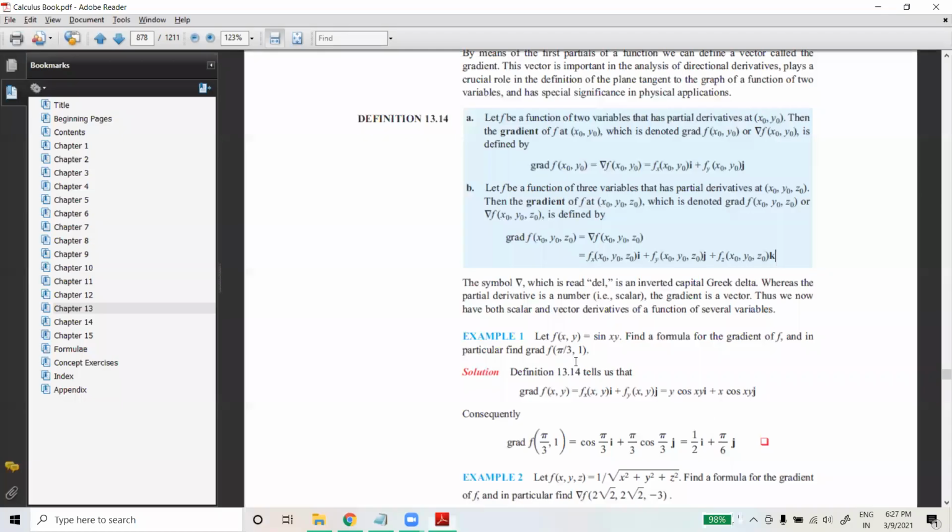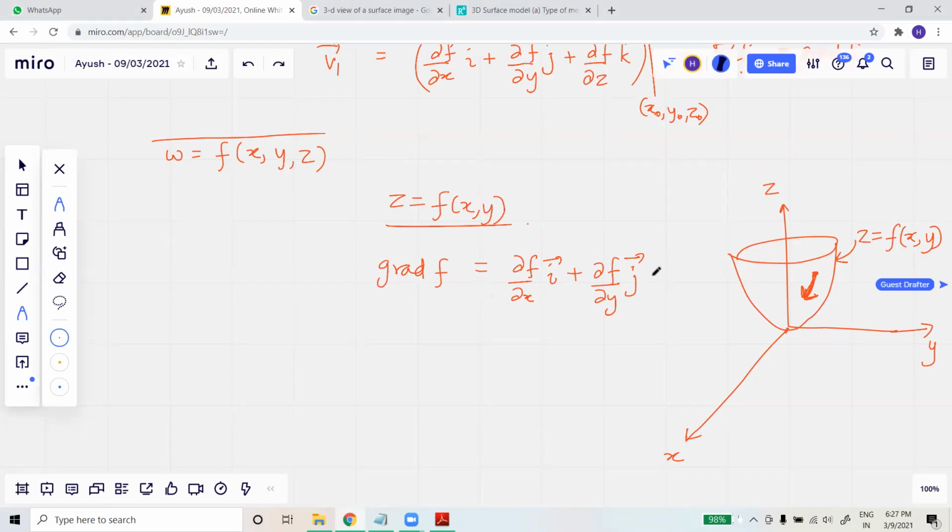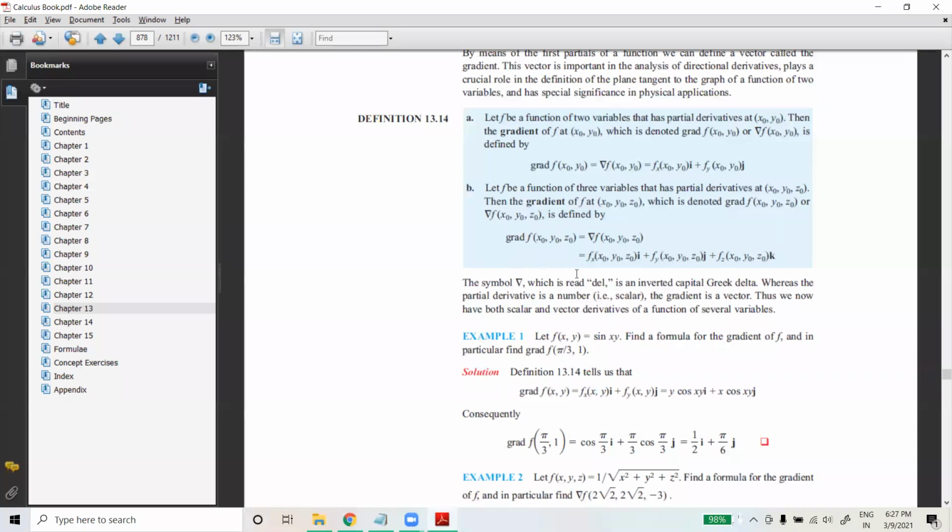I think I have to read through this. Delta is the symbol. This is the symbol grad f. They haven't said anything about that. The gradient of f is denoted by this. It will be a particular vector because fx will be something, fy will be something, fz, and when you plug in the values 1, 2, and 3, for example, you will get some number here, some number here, some number here.